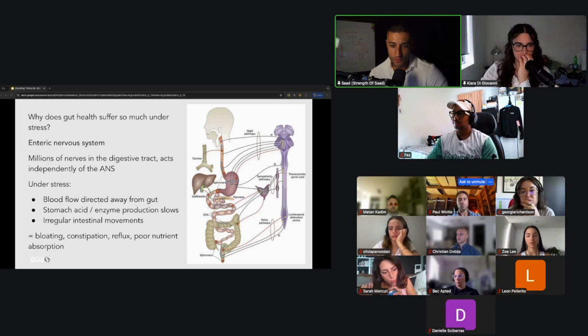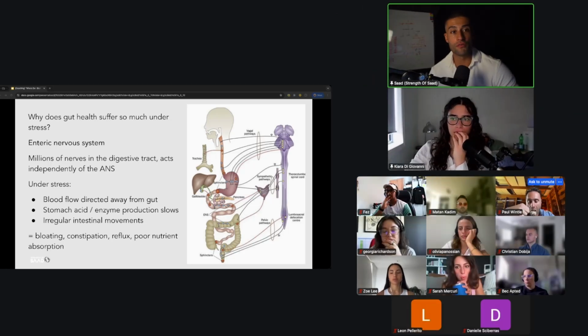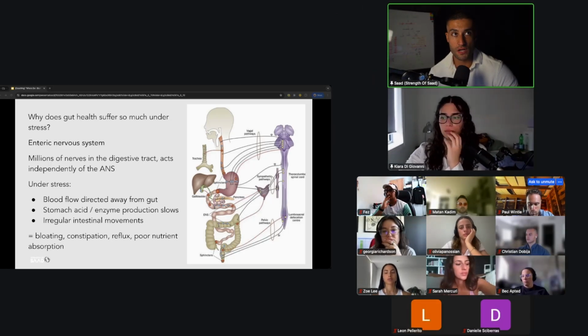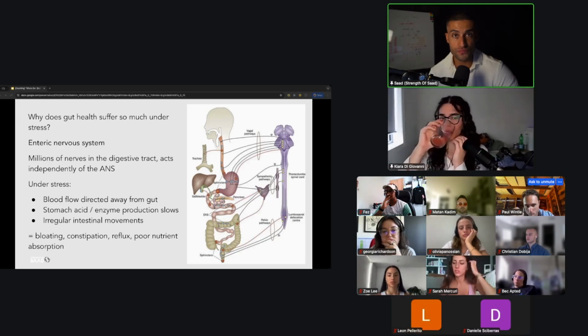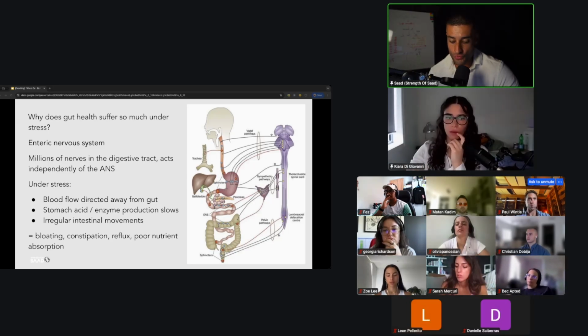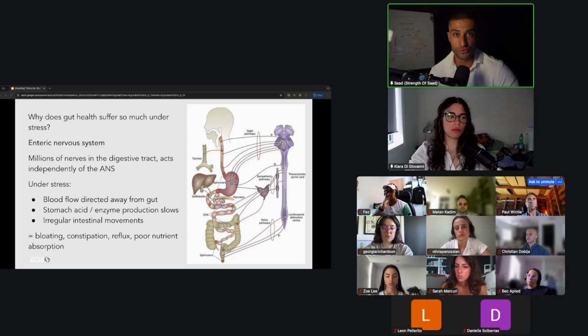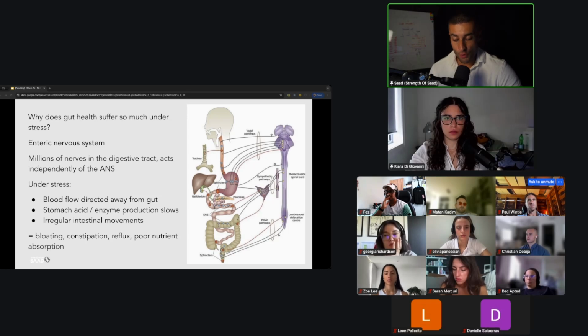So when you are experiencing stress, the mechanisms by which your gut can be damaged, or other responses you may experience, are things like loose stools, for example. The higher levels of cortisol being produced from your adrenals as a result of the stress, long story short, can have a damaging effect on the gut.